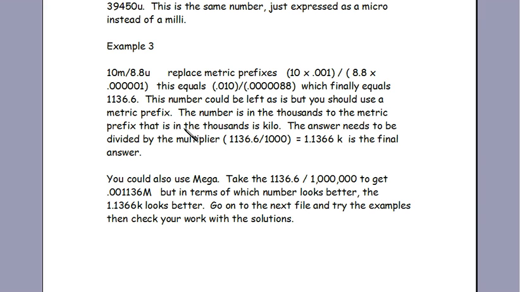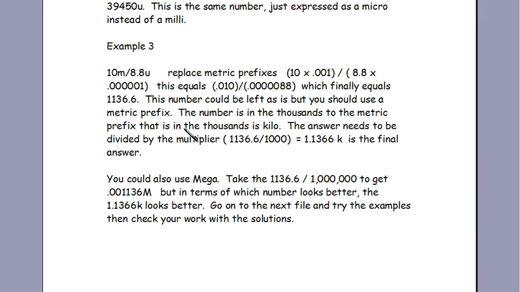The number is in the thousands, and the metric prefix that is in the thousands is kilo. That's the closest one. So the answer needs to be divided by the multiplier of the kilo. I will take the 1136.6 and divide it by 1,000, which gives me 1.1366, and I just need to add the k.